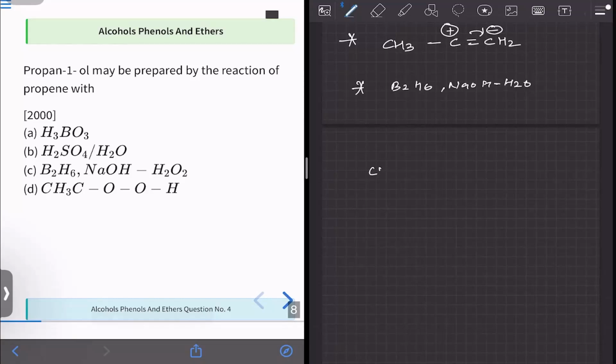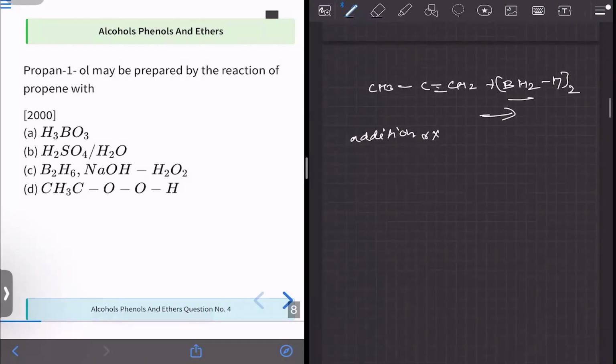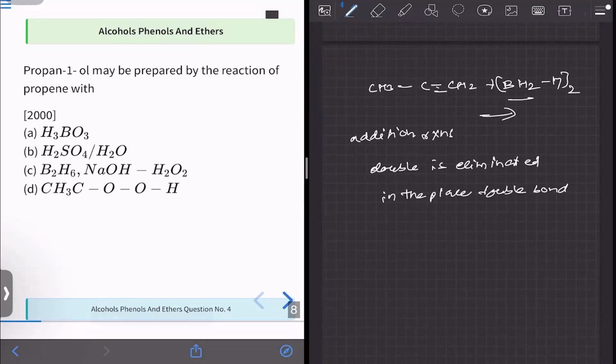B2H6 will be BH3 twice. This is an addition reaction, because the double bond is eliminated and in the place of the double bond, new groups are added. So it is known as an addition reaction.